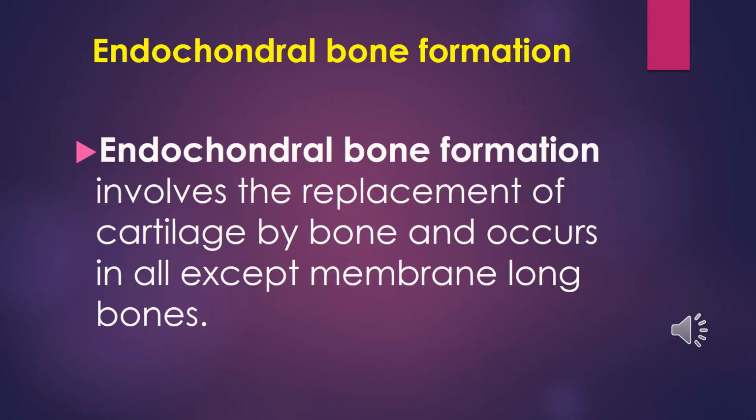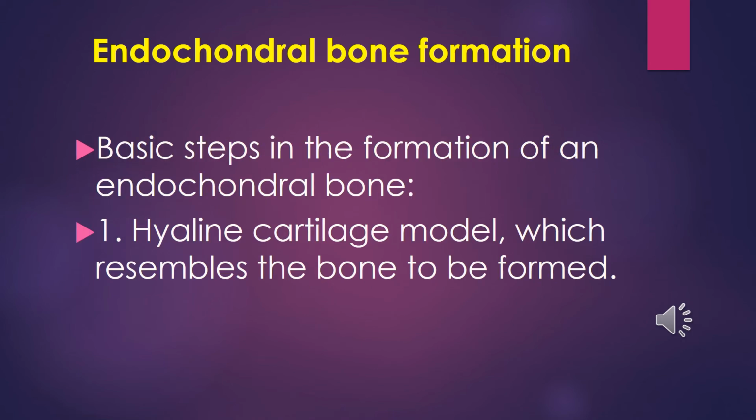The next type of bone formation is called endochondral bone formation, because the process of bone formation involves changes inside hyaline cartilage. It's a model of long bones. In endochondral bone formation there are some steps.